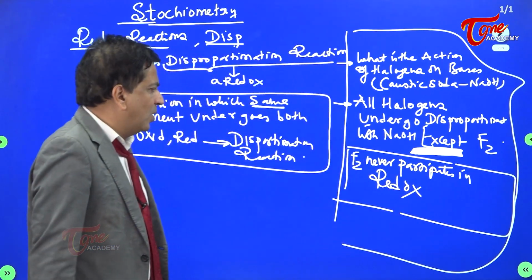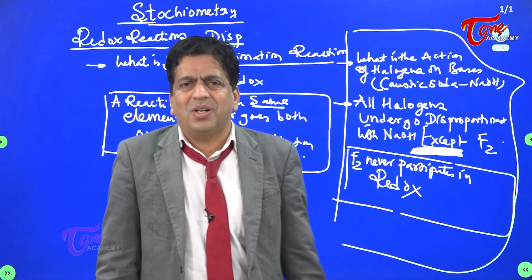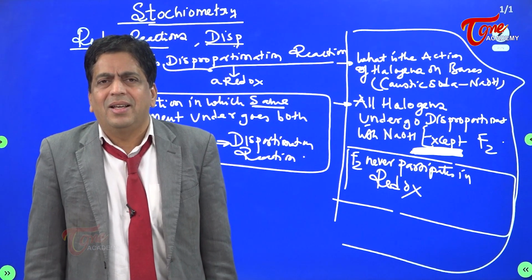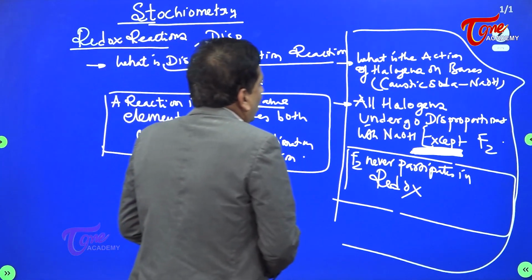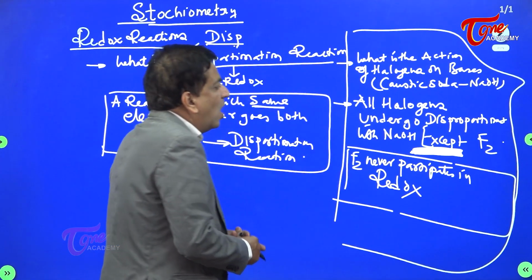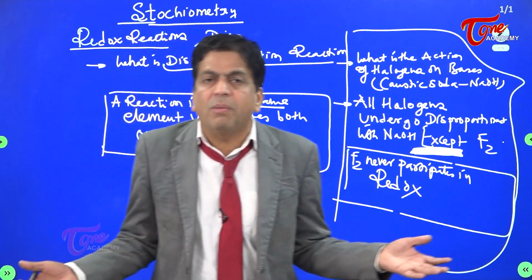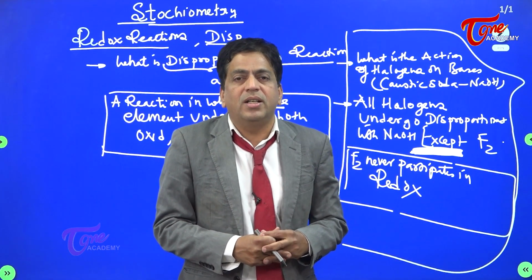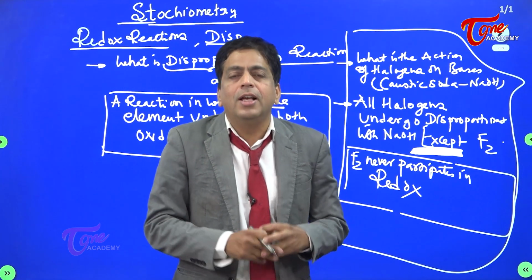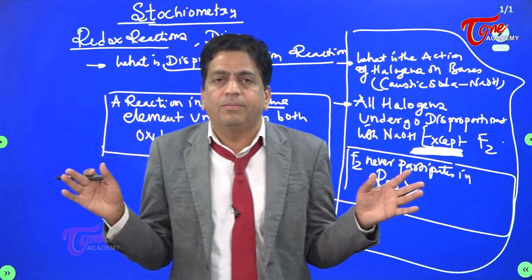Never participates in what? A redox reaction, you must understand it. And what is the action of halogens on bases? If someone is asking, all halogens will be undergoing disproportionation except what? Fluorine. And fluorine will never undergo a disproportionation reaction at all.